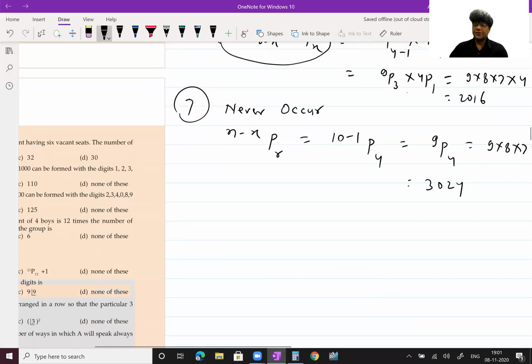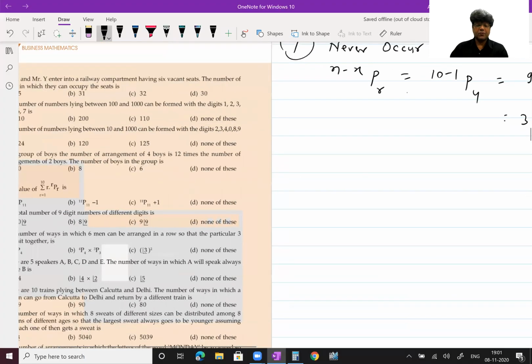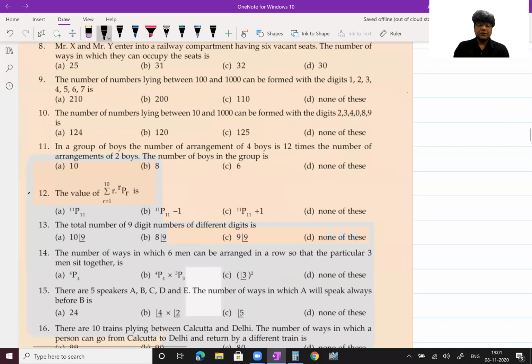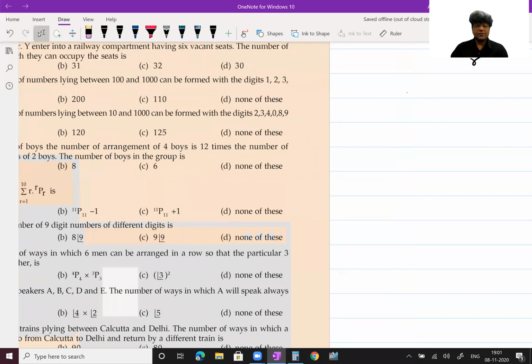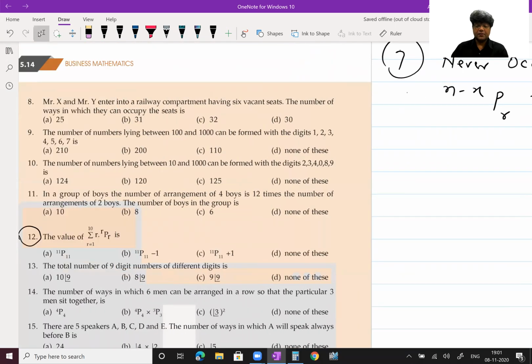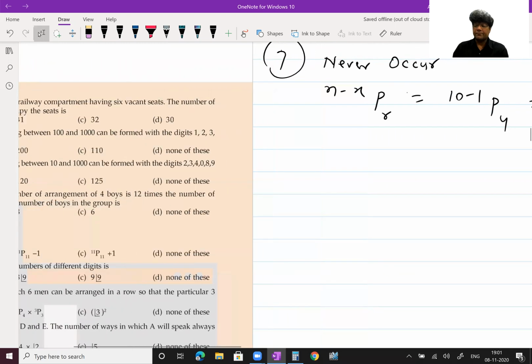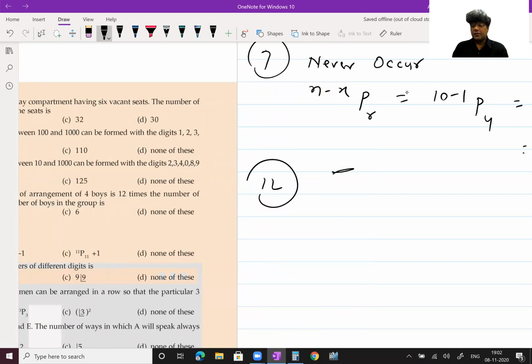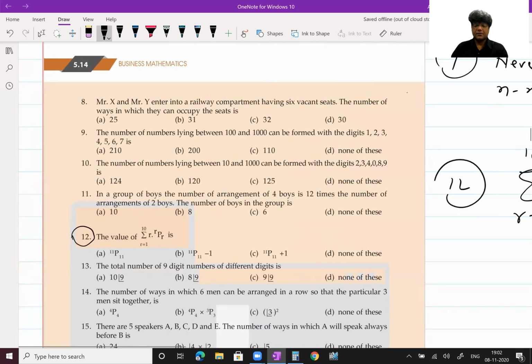The next question we would like to do is question number 12, guys. This question is a summation, and for this also I have given you a formula. Here this is summation, r is equal to 1 to 10, r into r P r.